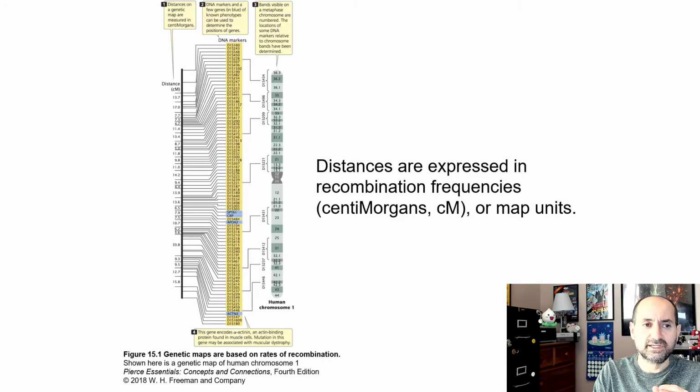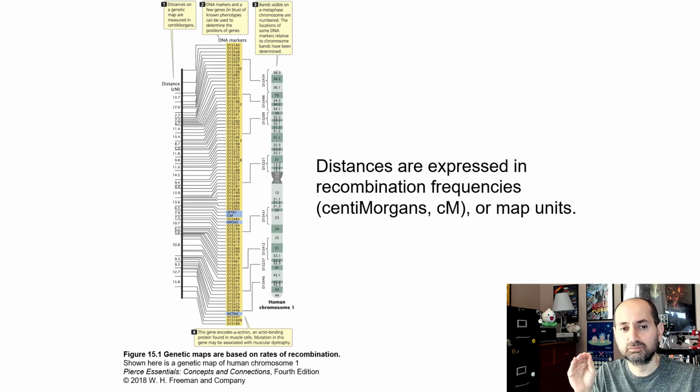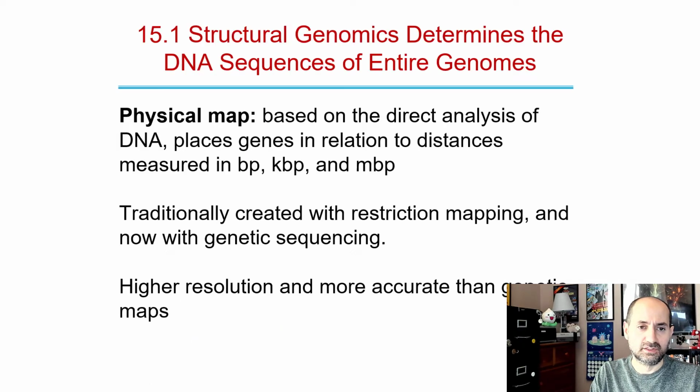It's a crude way of mapping based on the units of centiMorgans or map units, which again is distances expressed by recombination frequency. So this is not a very accurate way of describing a chromosome.